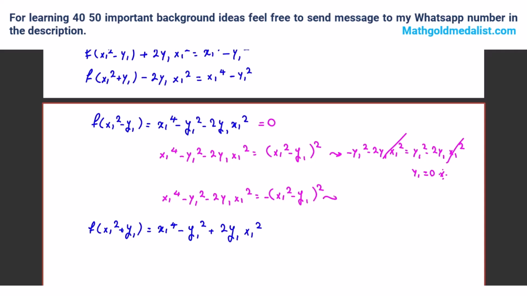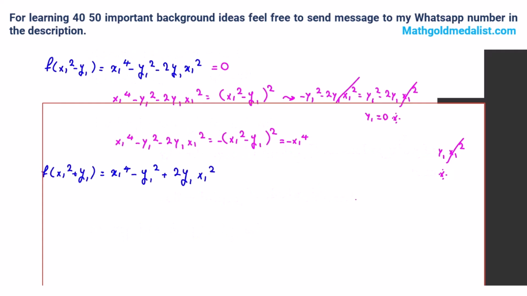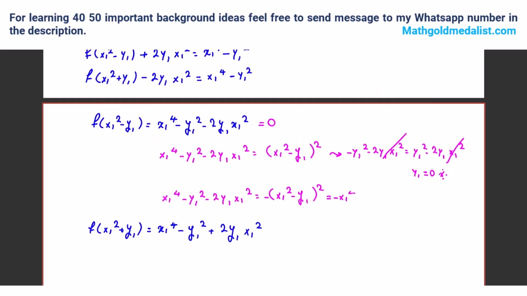From here, what can we conclude? Here, it would be negative x1 to the 4 minus y1 squared plus 2y1 x1 squared, okay?